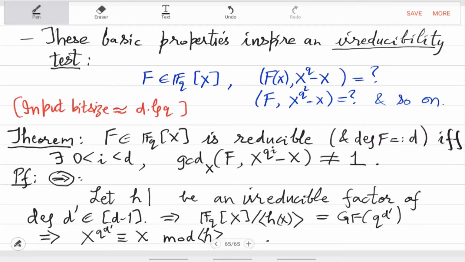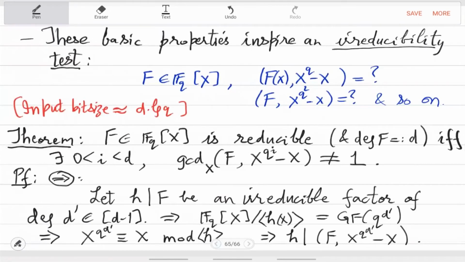I've changed the notation. So h divides your input polynomial by assumption, and h also divides this by Frobenius action. So h divides the GCD. Right, so hence GCD cannot come out to be 1 because h is not 1. H is degree at least 1. So that part is done. Any questions?